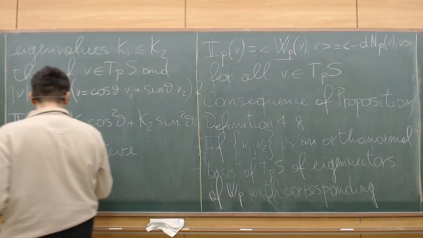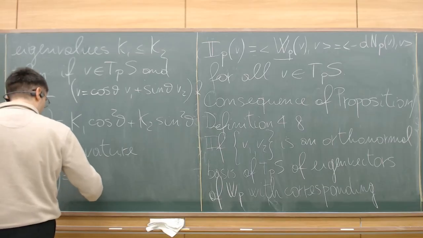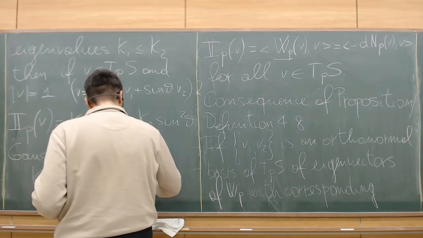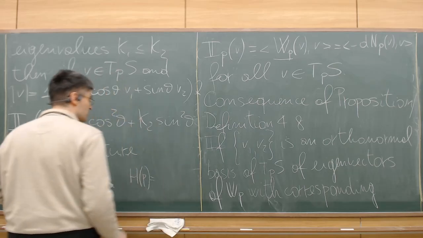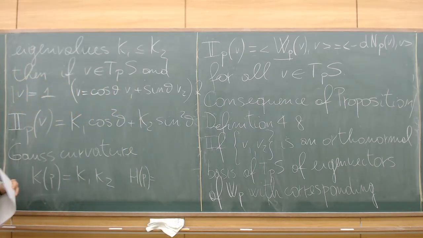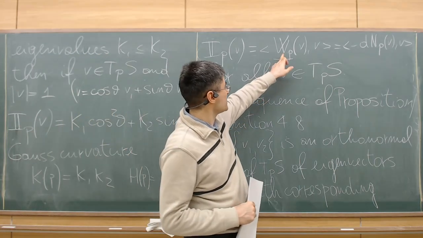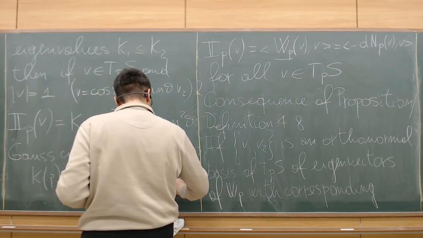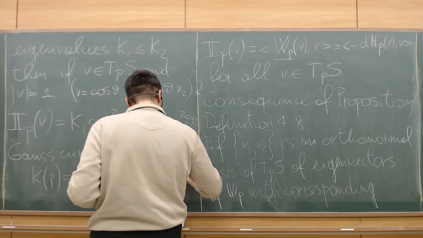It is equal to K1 times K2, and the mean curvature at P is 1/2 the trace of the matrix representing this map. That is 1/2 K1 plus K2.